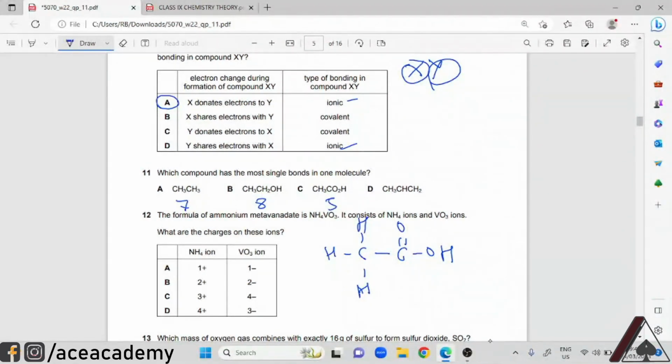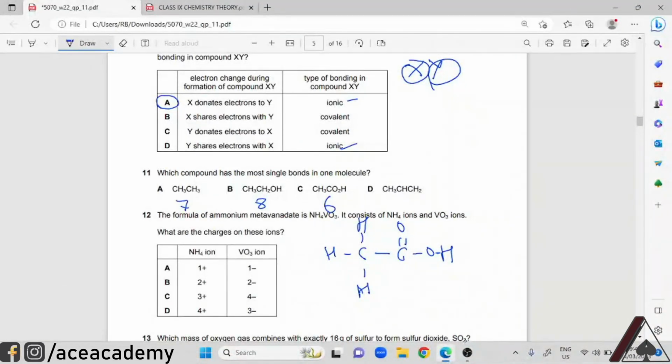No, wait, this one actually has one more single bond over here, so there are in total 6 single bonds.